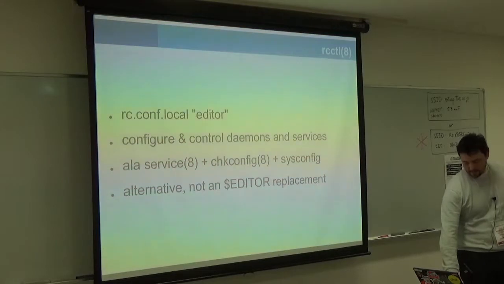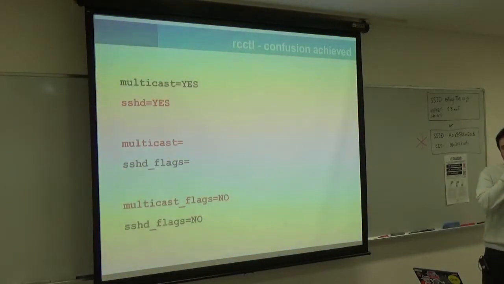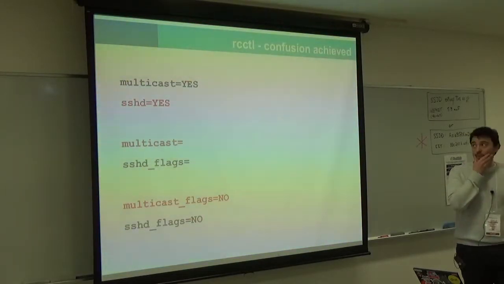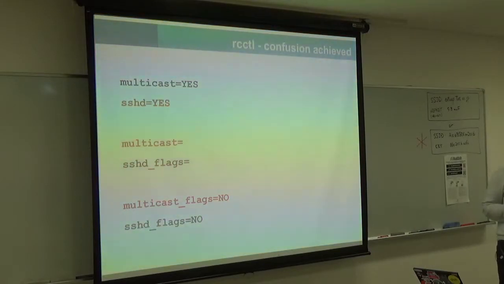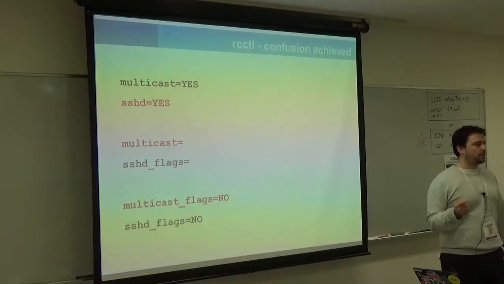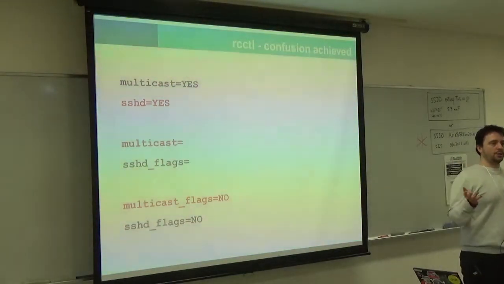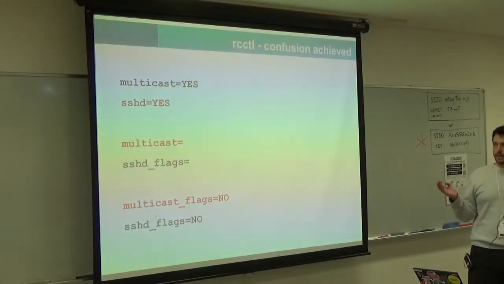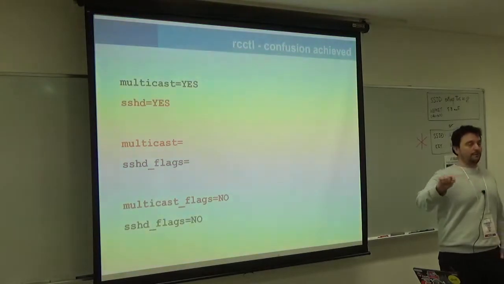Another reason why we created it is this. That was also something that was really confusing to our users. I mentioned earlier the difference between services and daemons. So someone wanted to start SSH, so what do they do? Do I just put sshd=yes or whatever? No, you have to put sshd_flags=yes.